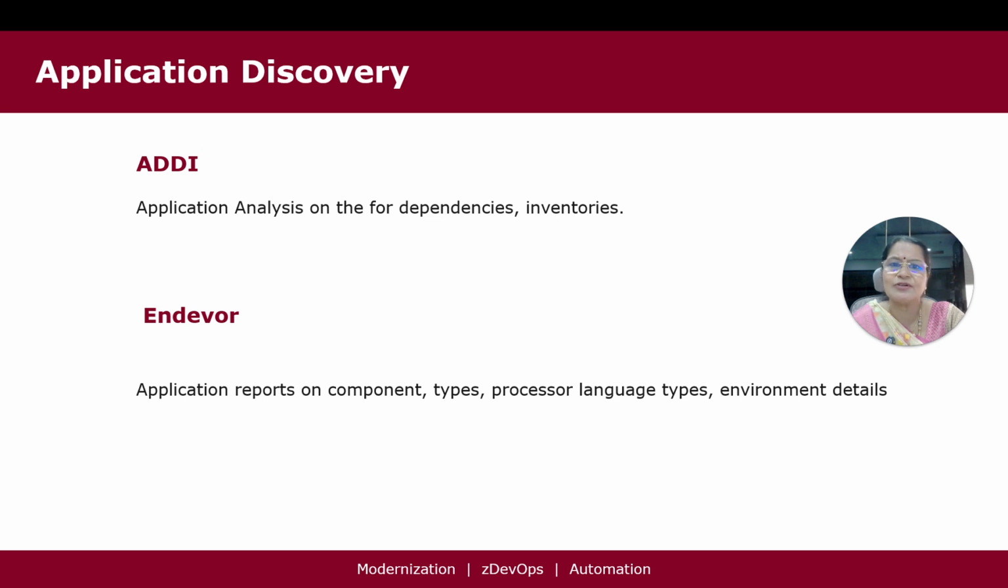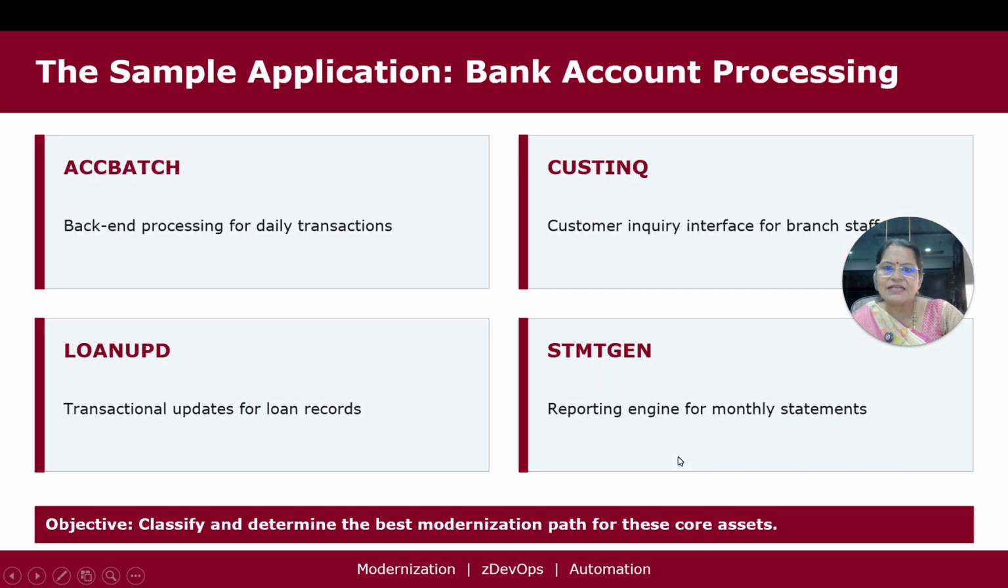And from Endeavor or ChangeMan, where the application is configured, we can also figure out the complete inventory about the application: different environment stages, system, subsystem, different component types, etc. That will give you a better understanding of your existing application inventory.